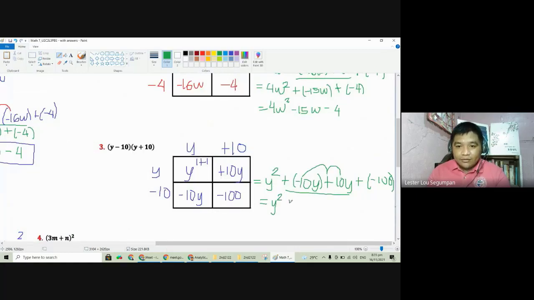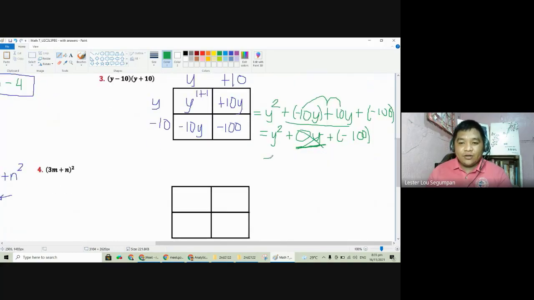Or if you would like to, let us write this, 0y, and you have here plus negative 100. I'm just writing this for emphasis that even if you have 0y, the operation between 0 and y is multiplication. And when you multiply any expression, coefficient, or term with 0, this will become 0 itself. Finally, the final result is y squared.